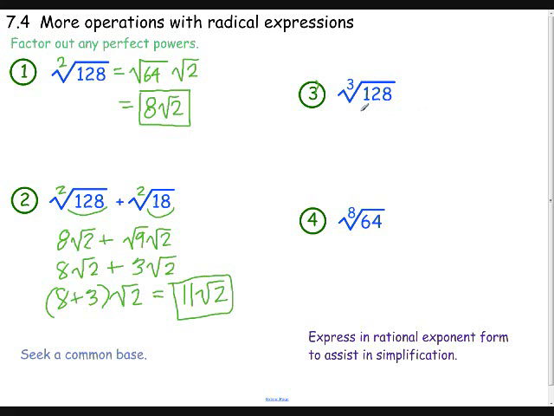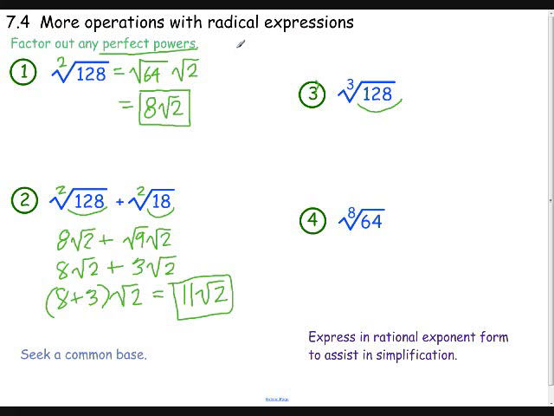Okay. Here we are with 128 again. It turns out that there's something we can do with this. But first we better think. We're trying to find perfect powers. On 1 and 2, we were dealing with square root, so we were interested in things that were squared. In the case of a cube root, the perfect power will be something which is to the 3rd power.